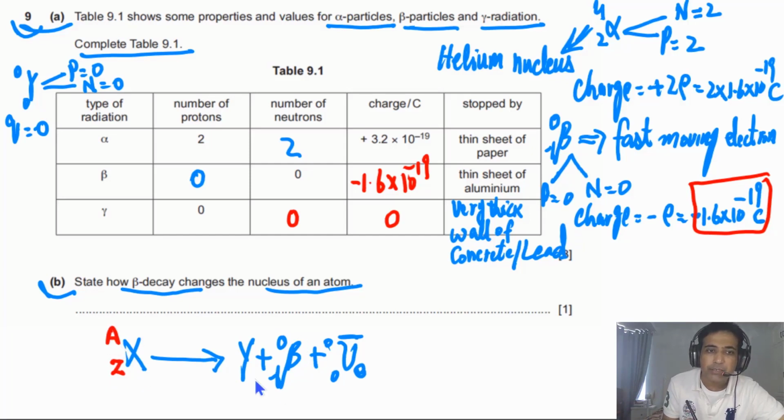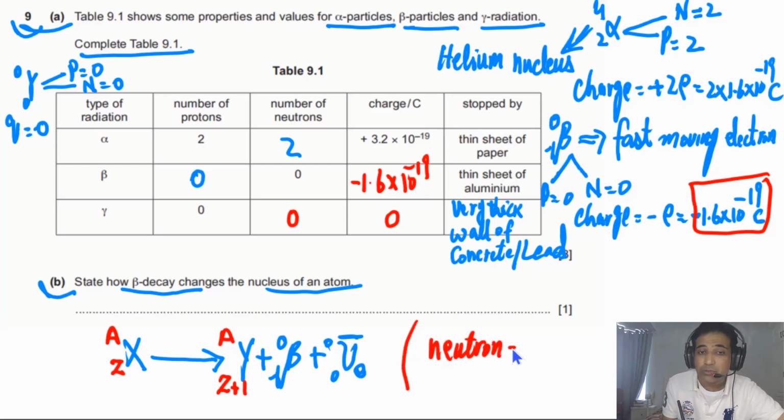So when beta particle is emitted, atomic number of this one will increase by 1, but the mass number will not change. It simply means that one neutron changes into proton in this decay. Neutron changes into proton. It simply means that proton number increases.